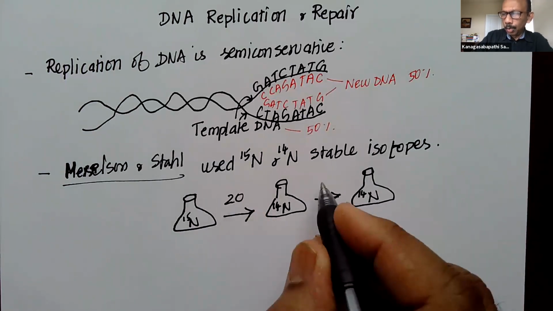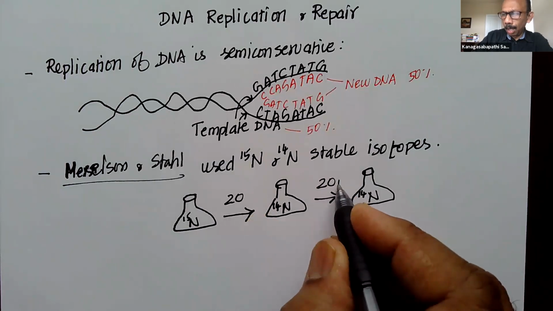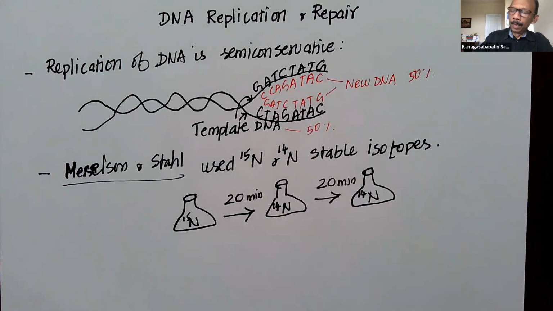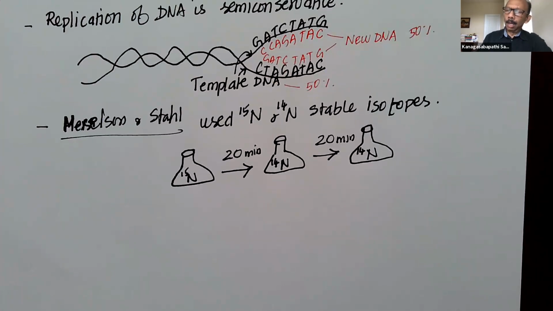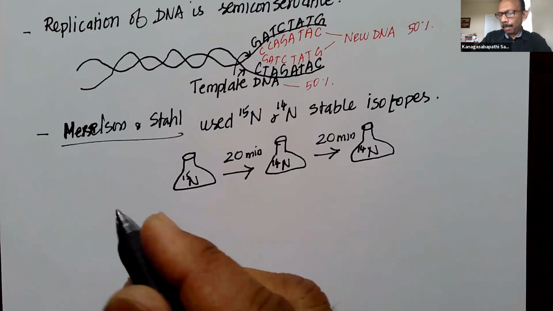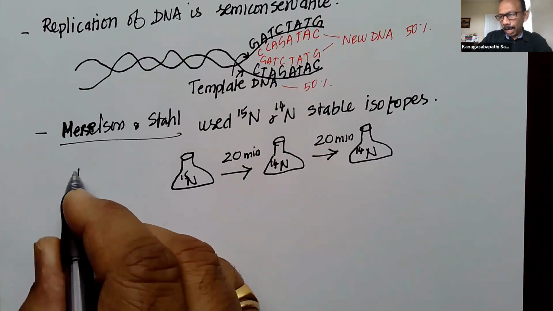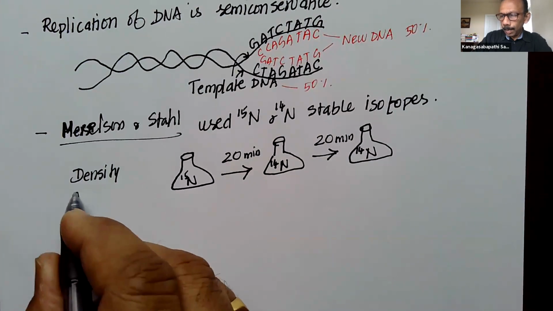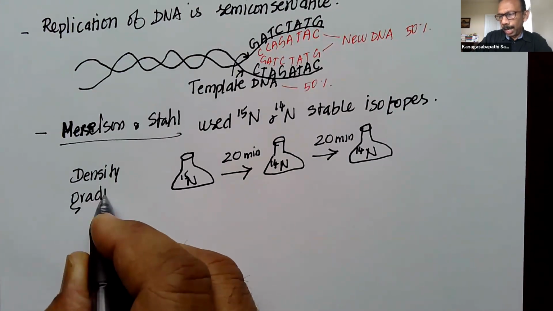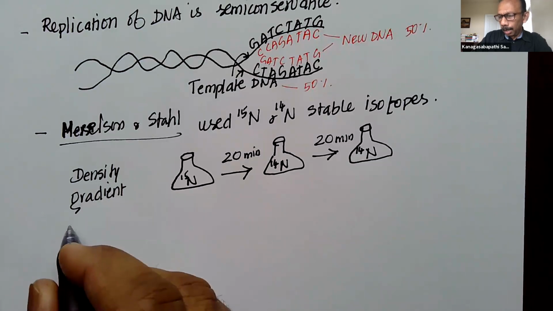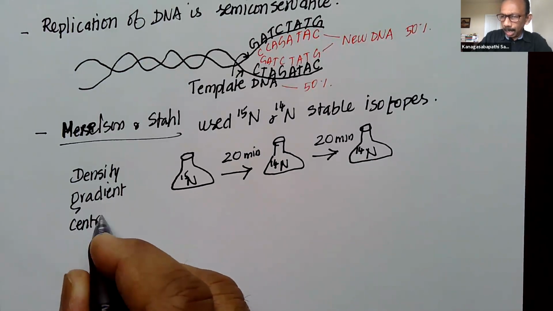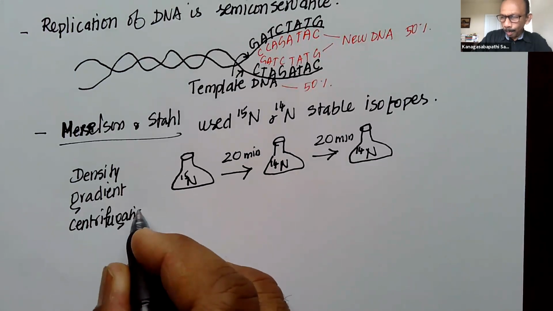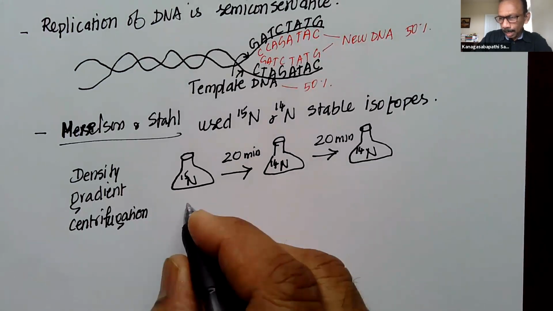So every 20 minutes, they were collecting samples out of this. And they did a thing called density gradient centrifugation. When you do density gradient centrifugation, the DNA will band according to its mass or density.